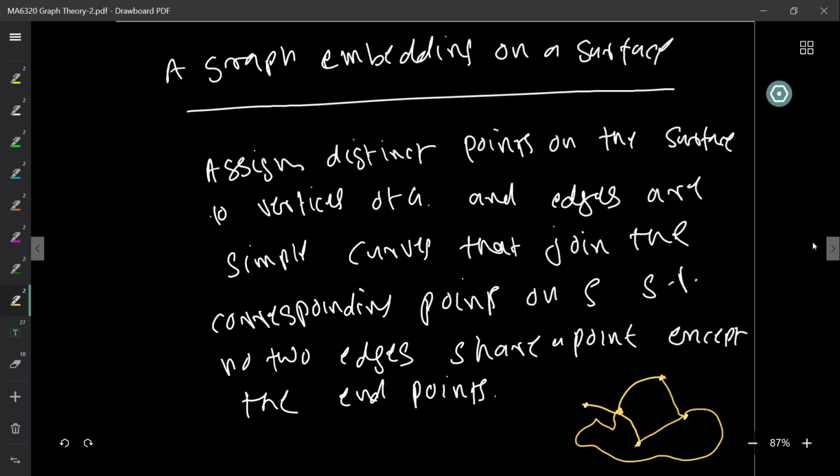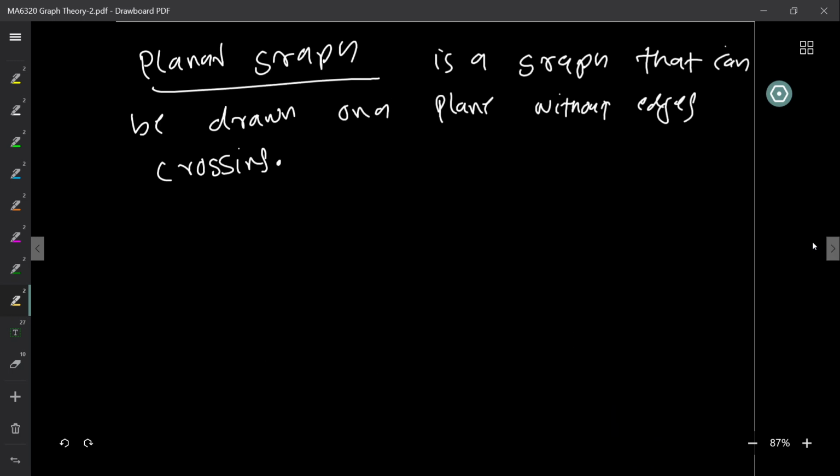So just simple curves which do not intersect themselves, and they must not intersect each other except at the vertices. Such a representation is called an embedding on any surface, and if the surface is the plane R2, it's called a planar representation. Graphs which have a planar representation are called planar graphs. A planar graph is a graph which can be drawn on a plane without the edges crossing. That's a simple intuitive way to look at this.